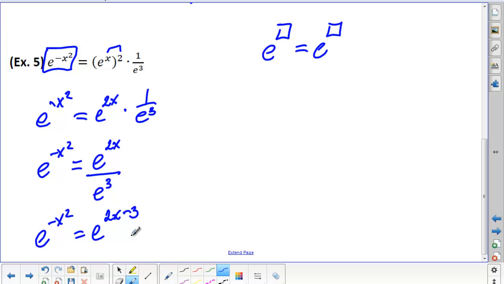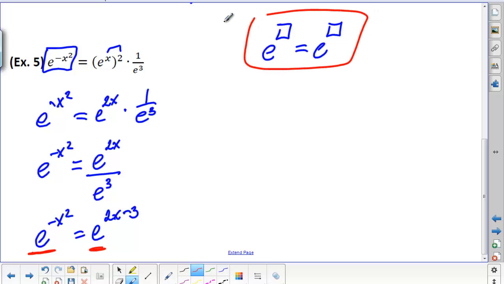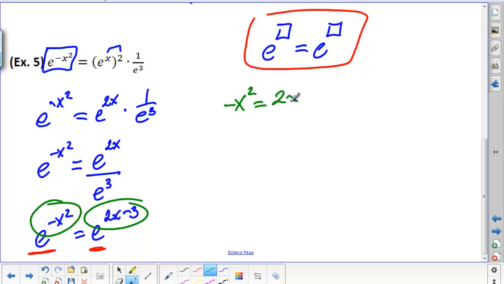All right, so if you'll notice, I've got e raised to a power here, e raised to a power here. We've got basically this form, and so we can rewrite this, set the exponents equal to each other. And then from that, we need to solve that equation.